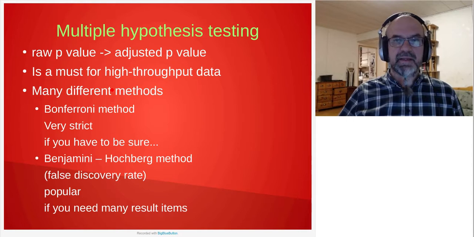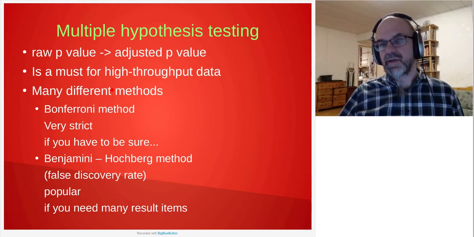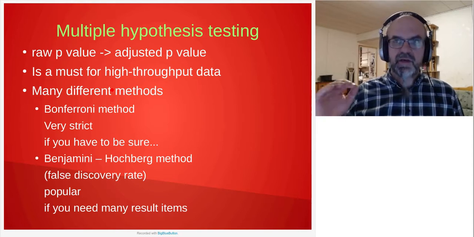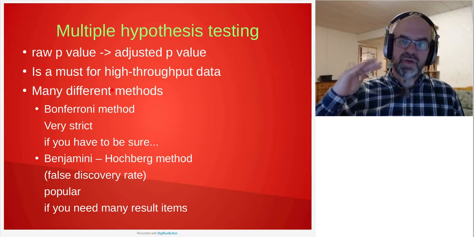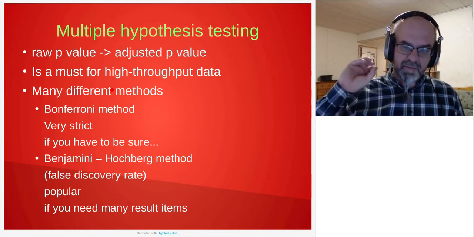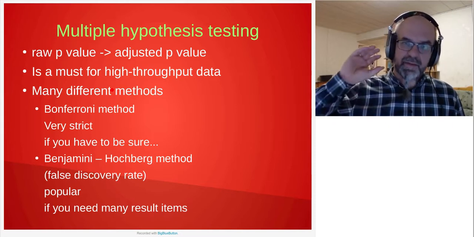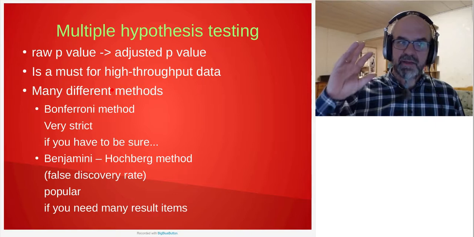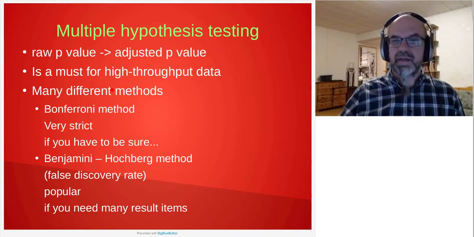Basically, it is excluding, so decreasing the threshold for the significance by multiplying threshold with the number of tests, actually dividing.